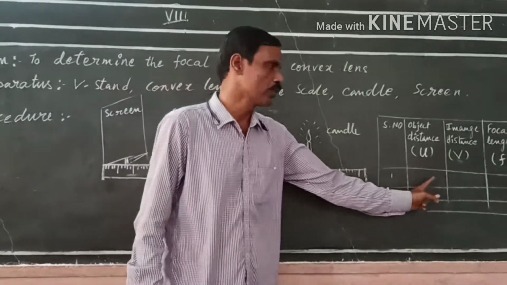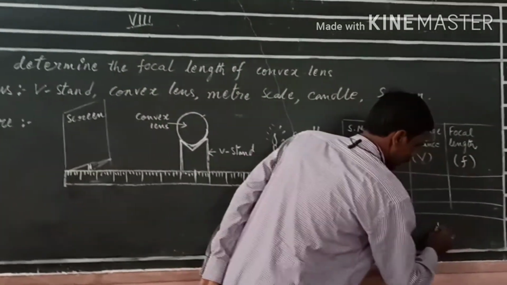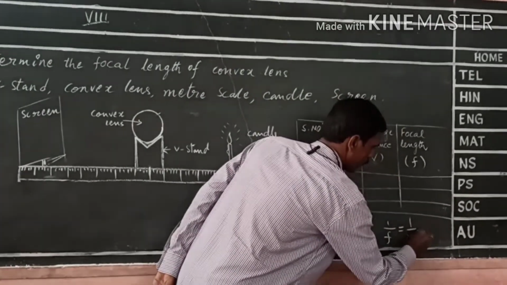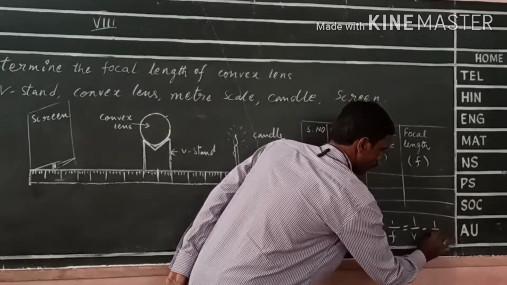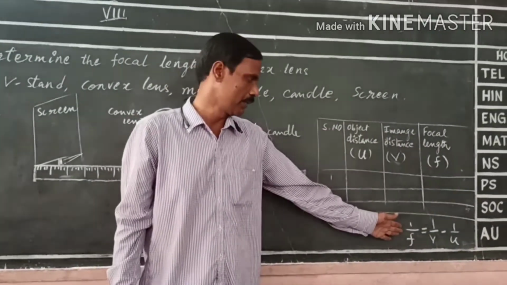After getting these two, you can find focal length by using the lens formula, that is 1 by f is equal to 1 by v minus 1 by u. This formula we discussed in the earlier video.